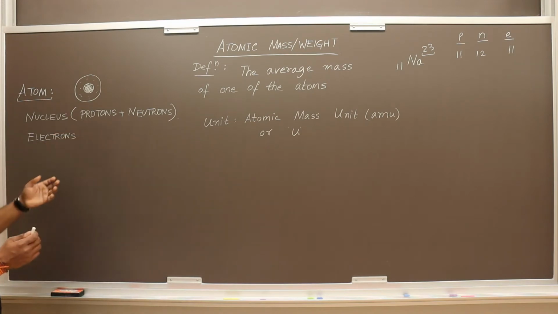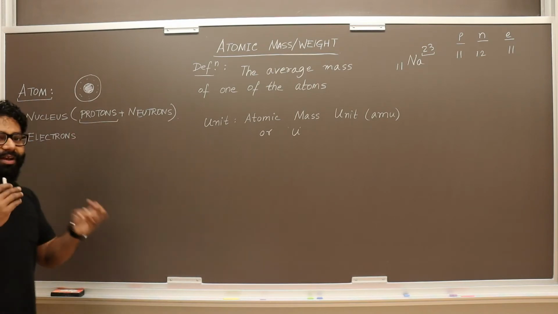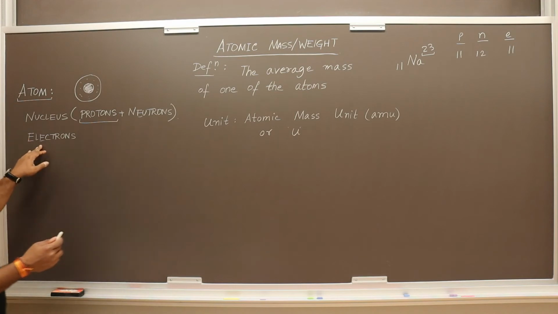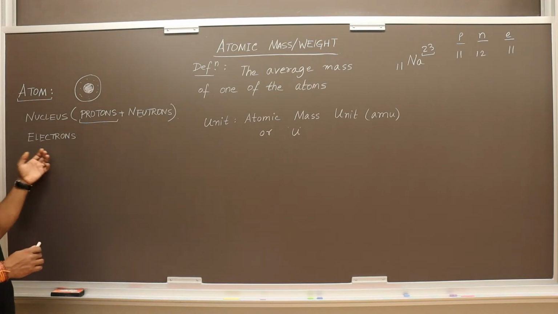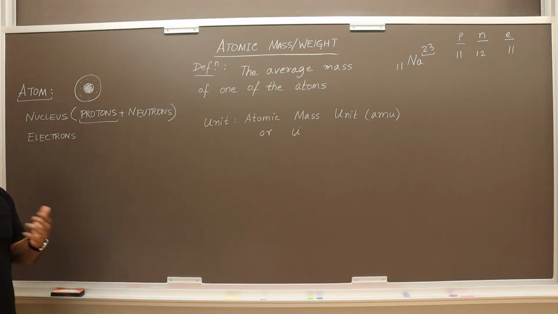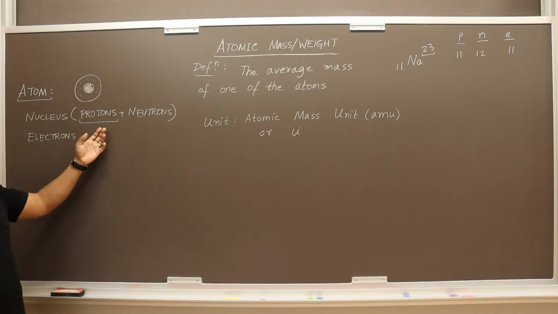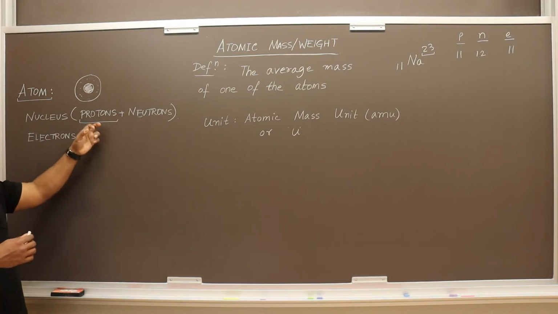Now, please remember, on average, protons and neutrons generally weigh the same, but the electrons are very, very light, about 2,000 times lighter than protons. It's basically 1836 times lighter than the protons, and the neutrons are about 0.14% heavier than the protons.